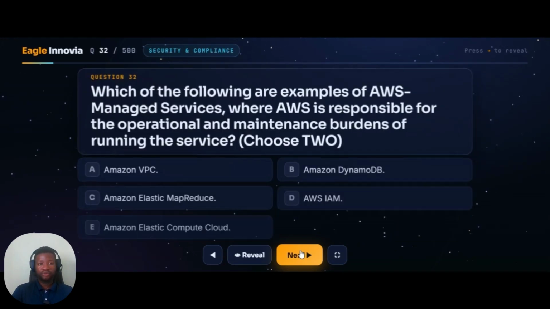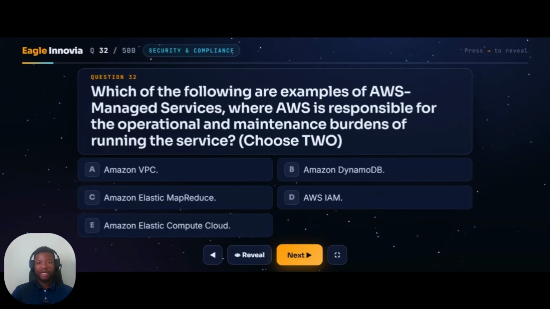Question number 32. Which of the following are examples of AWS managed services? AWS is responsible for the operational and maintenance burden of the running service. Choose two. A. Amazon VPC. B. Amazon DynamoDB. C. Amazon Elastic MapReduce.